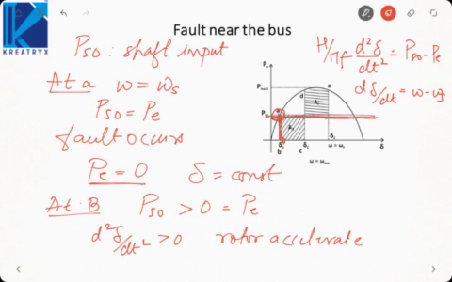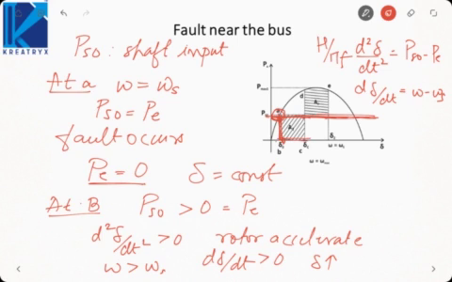Initially the speed was equal to synchronous, now it will become greater than synchronous. If it becomes greater than synchronous, then d delta by dt will be greater than 0. Delta will increase. But until the fault is cleared, electrical power will remain 0. So electrical power is 0, still delta is increasing.